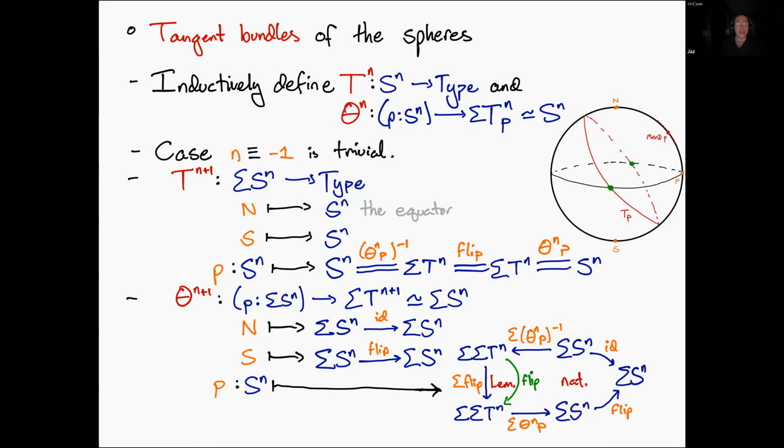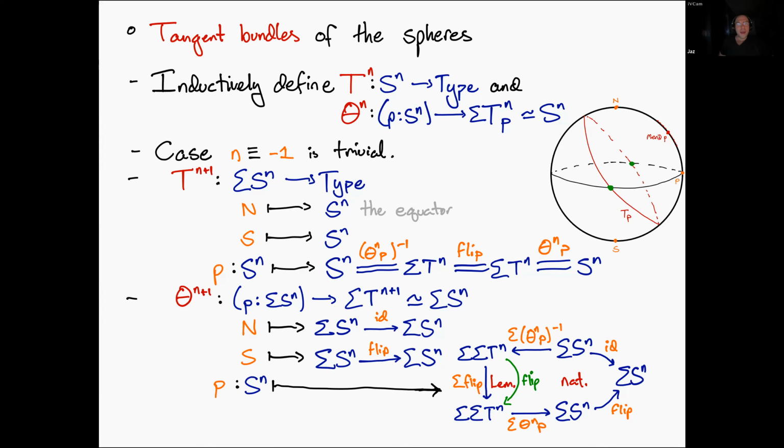So the way to define this map, where we flip P all the way to the other side, its antipode, and fix everything orthogonal, is first to take that equator, which is Sn, and rewrite it as the suspension of the tangent space of P in the equator, which is those green dots in the picture, right? The sigma T_P should be there, excuse me.